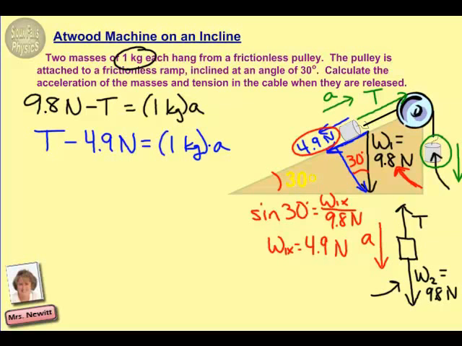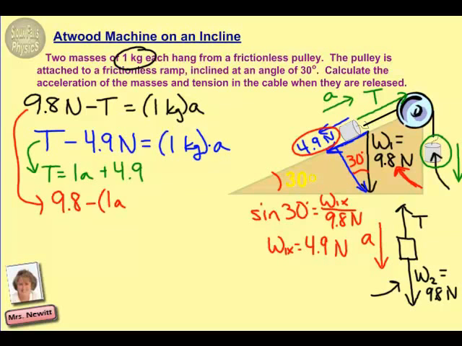Now we're ready to go into the algebra. This time I'll probably choose to solve this equation for T. T is equal to 1a plus 4.9. Then we can take our other equation here and substitute in for that. Again, remembering that when we subtract T, we need to subtract everything. So this whole thing here all goes in parentheses.